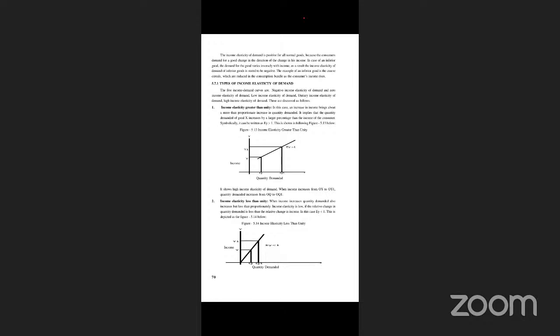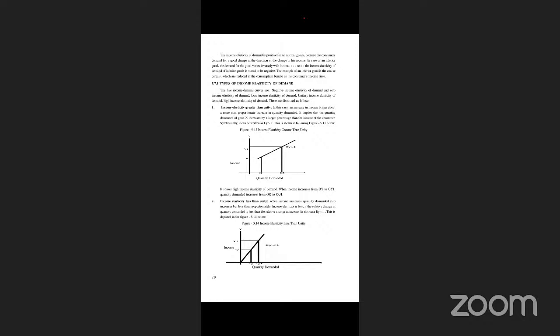Symbolically, you can write EY is greater than 1. When EY is less than 1, income increases, quantity demanded also increases, but less than proportionately to income. This is depicted here below in the table where EY is less than 1.